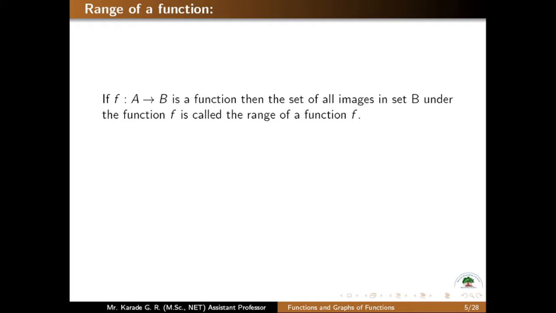If f from set A to B is a function, then the set of all images in set B under the function f is called the range of function f.